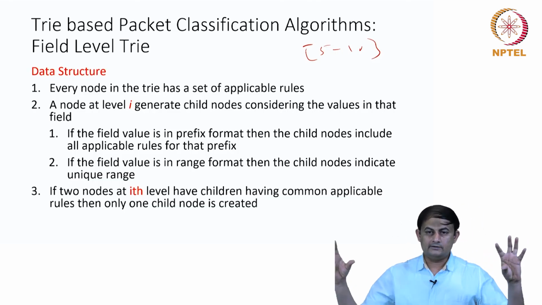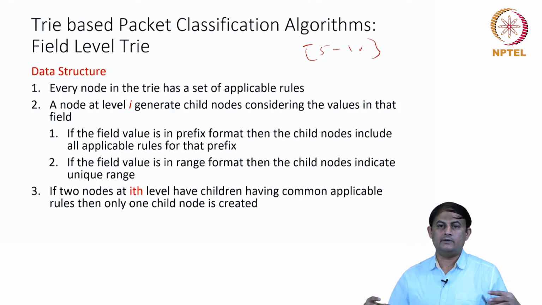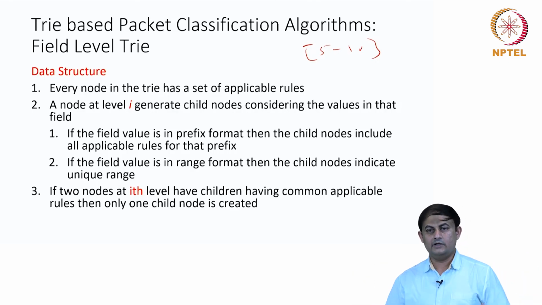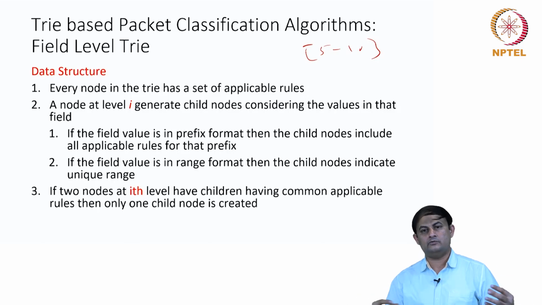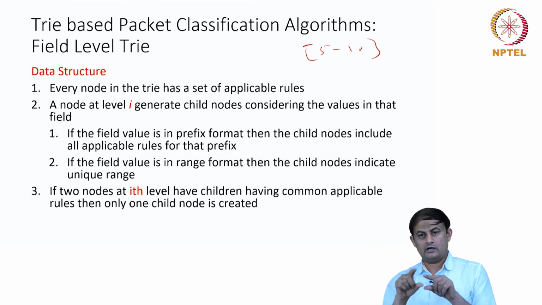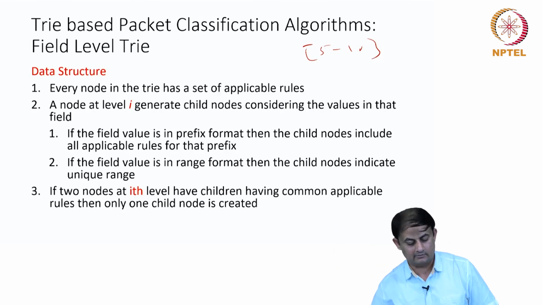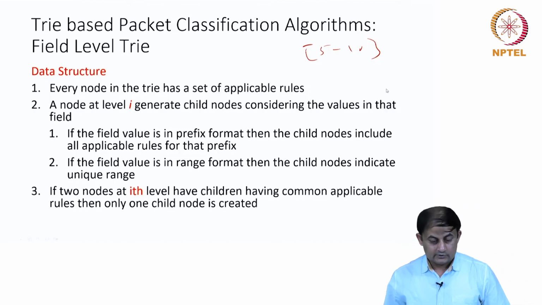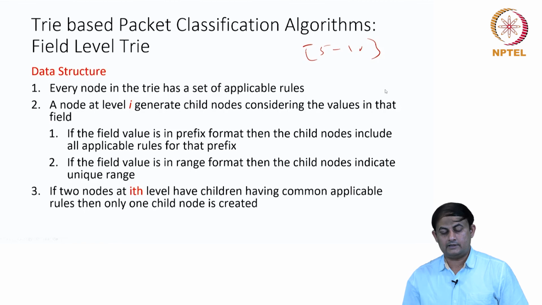So instead of creating two nodes at the level, if there is a rule having a unique combination, not necessarily only R2, even if R1 and R2 are the unique combination at that level, only one node with the label R1 and R2 is included at that particular level. So that's how this field level trie works.